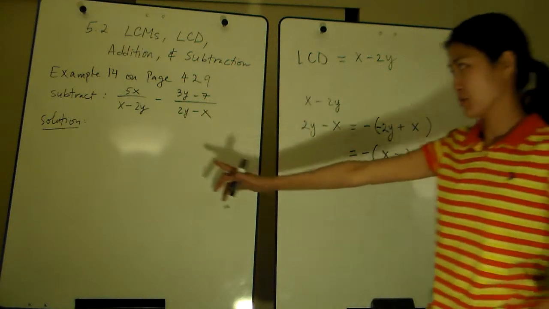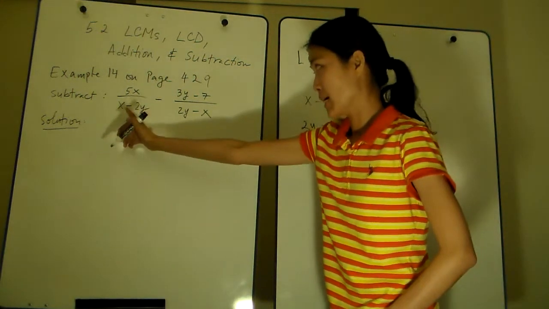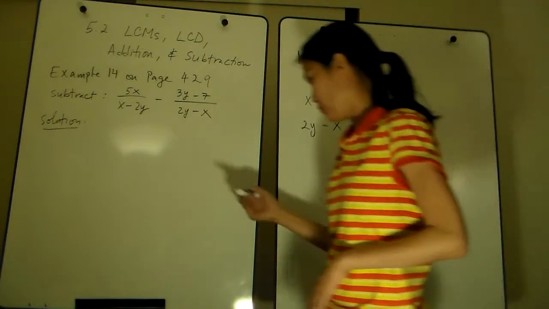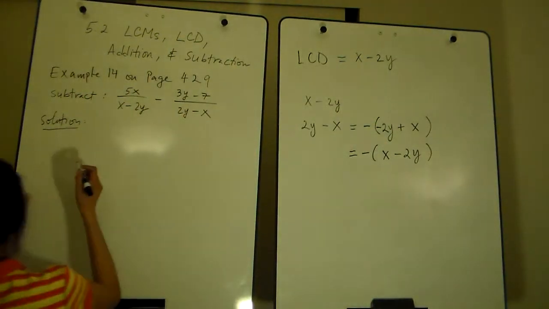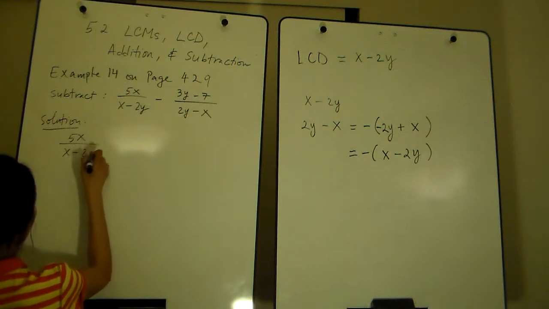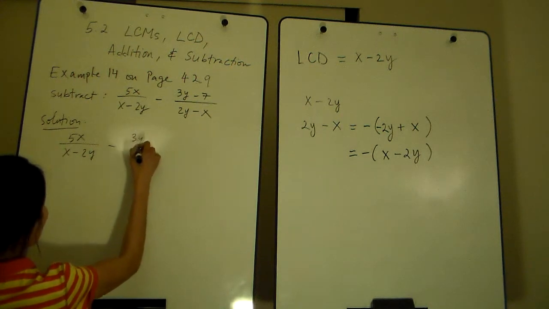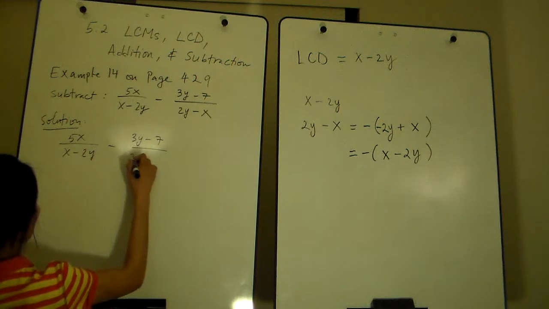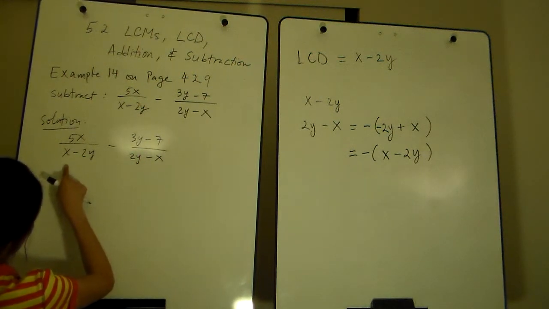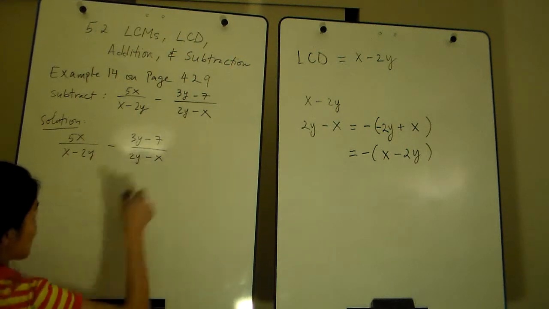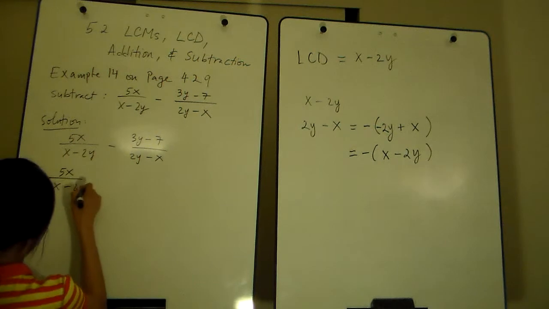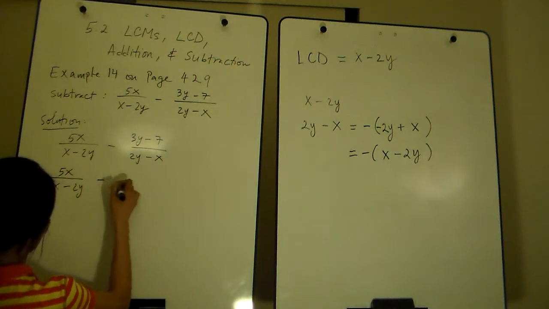For the first fraction, you don't have to do anything because its denominator, x minus 2y, is the LCD. So let me rewrite the original problem. The first fraction right here already has the same denominator as the LCD, so I don't have to do anything. Just rewrite the original fraction.